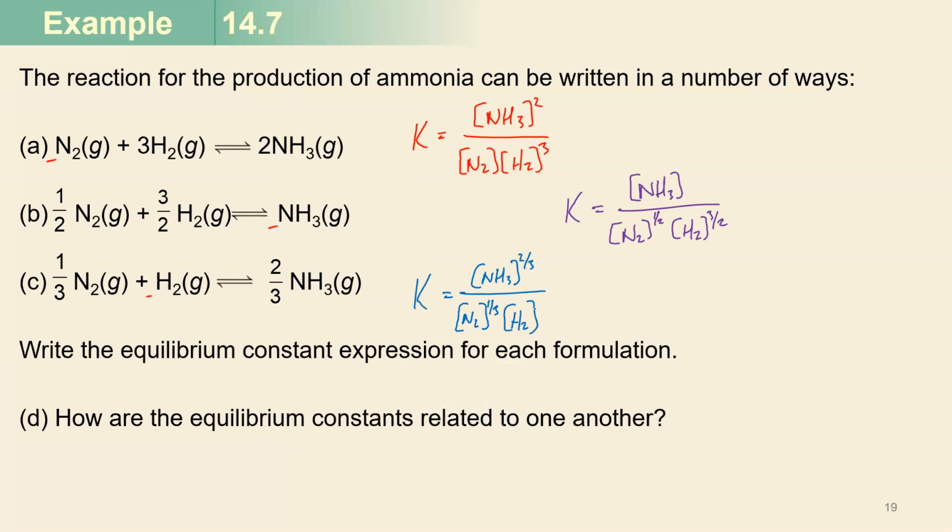Okay. And so while these look kind of similar, they're not exactly the same. If we look at A and B, how do we go from something squared, so ammonia squared, to ammonia to the 1st power? How do we do that?